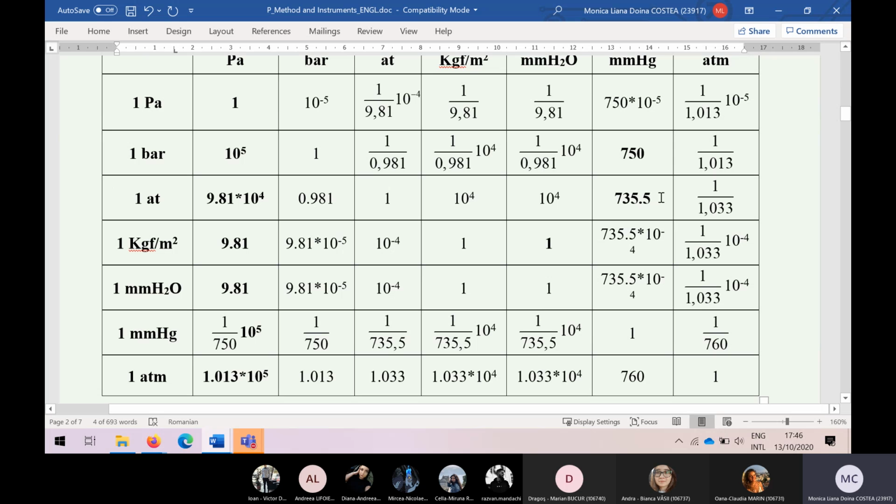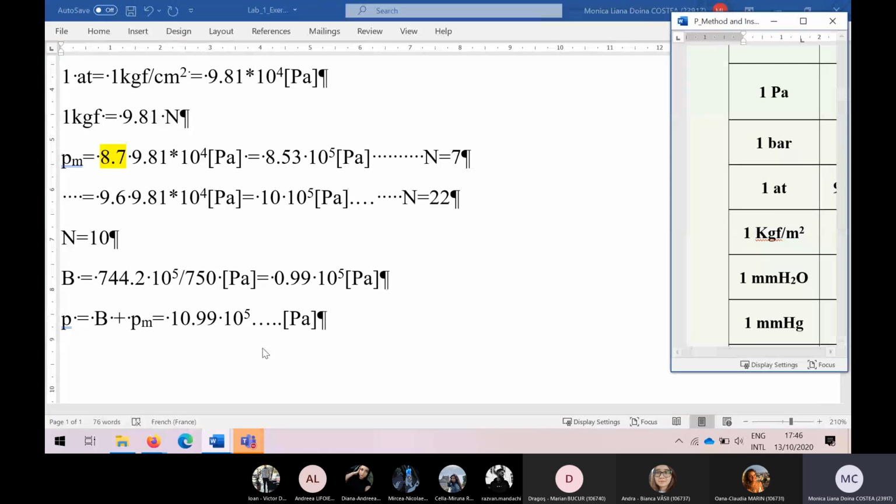Where is it? Here, 735. And then do the sum with the atmospheric pressure that you have. Yes, it is also a way. Or you take this sum and you pass it in all the other units.